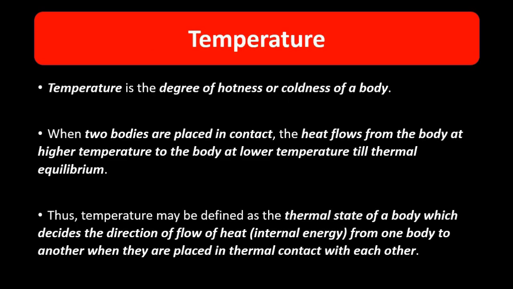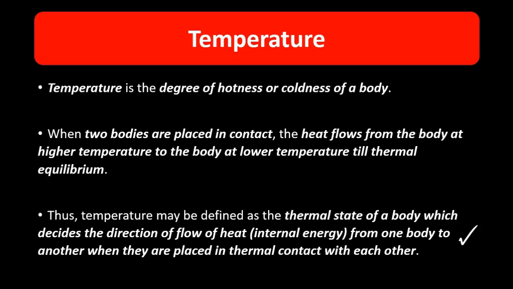So the more proper definition of temperature is: it is the thermal state of a body which decides the direction of flow of heat, that is, the flow of a part of internal energy from one body to another when they are placed in thermal contact with each other. The earlier definition is for kids, who cannot understand internal energy and all that.